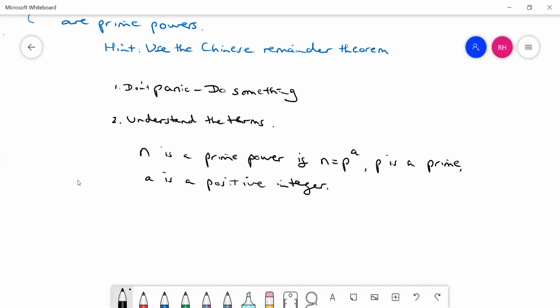And once again, just keep moving forward. If you're not comfortable with that, try some examples. That's always good, to just play around. 8 equals 2 to the 3. 8 is a prime power. 10 equals 5 times 2. 10 is not a prime power.